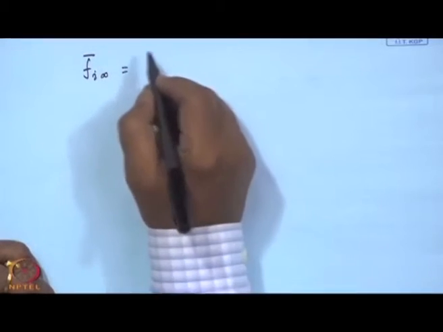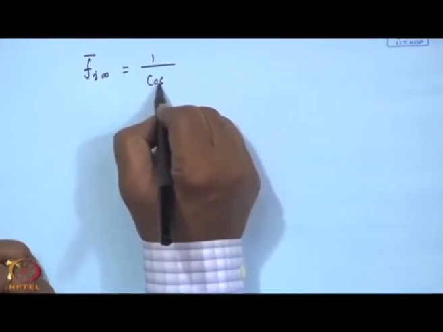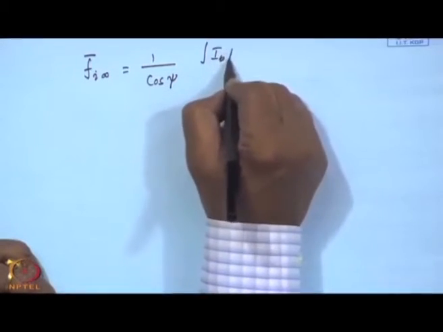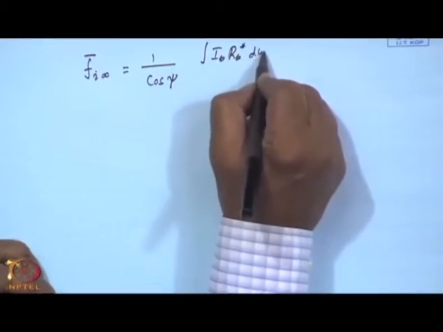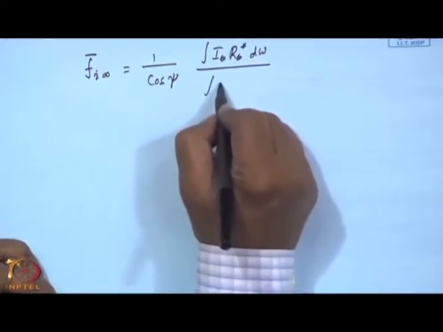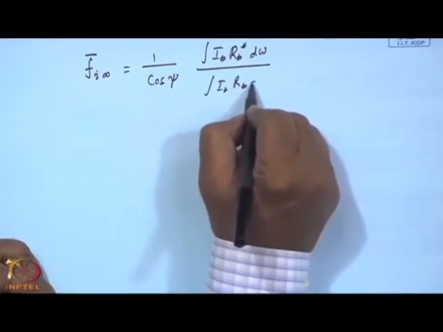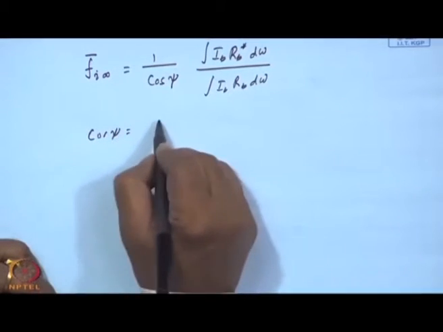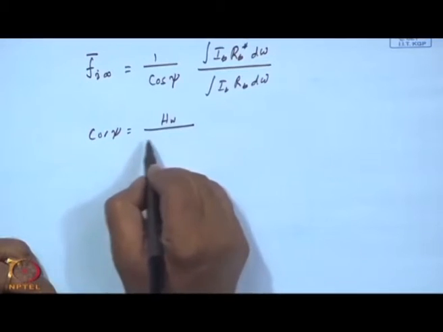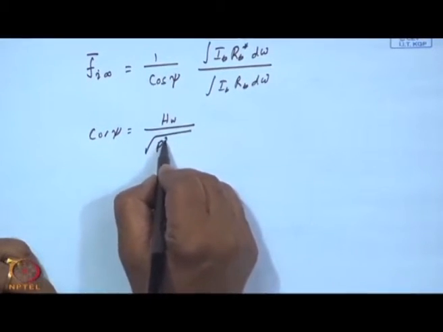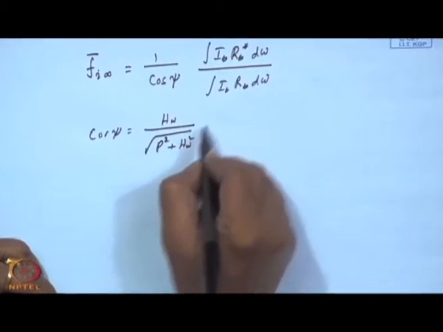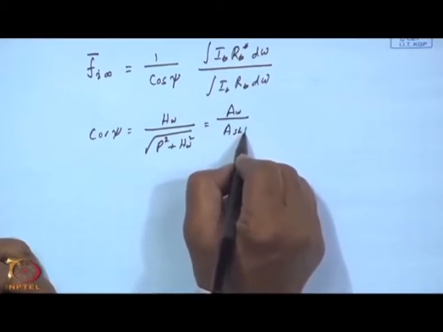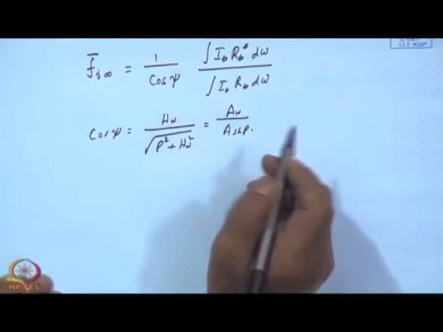So, this Fi bar infinity is 1 by cos psi, integral IB RB star d omega, by integral IB RB d omega, where your cos psi is nothing but the height of the window by the diagonal, the square root of p squared plus HW squared, which is nothing but the area of the window by the area of the shading plane. Okay, ASHP.